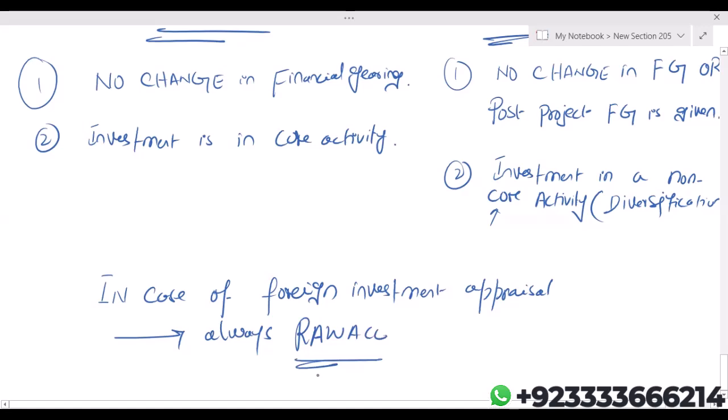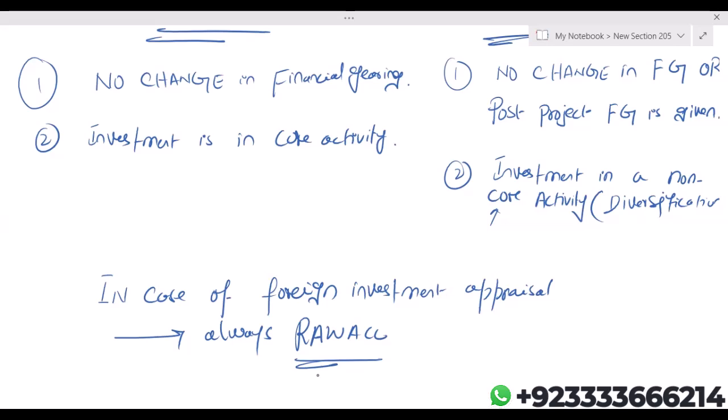In case of foreign investment appraisal, always risk-adjusted WACC, always. Now there's a possibility that the examiner is saying that your company is having a project in another country, but in the new country, you will be producing the same product which you are producing in America, let's say. Same product you are going to produce in the new country. Even though I'm going to produce the same product, I'll be doing the same business, but the country is not the same, the country is different.